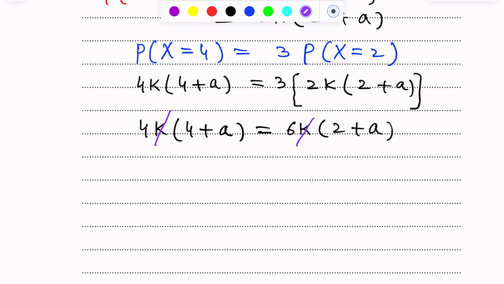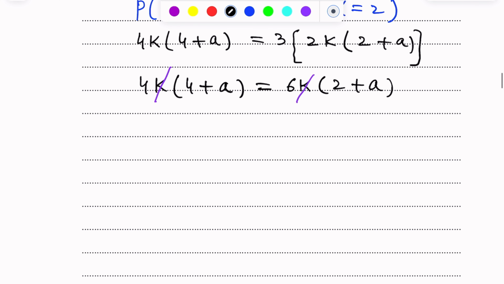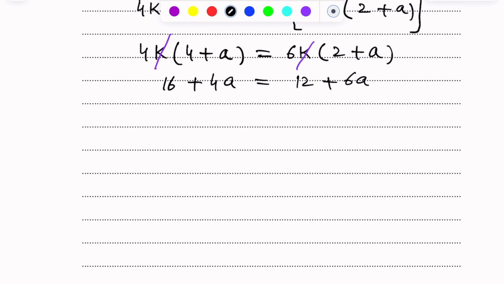Cancelling k from both sides, we get 16 plus 4a is equal to 12 plus 6a. From here, 2a is equal to 4 and a is equal to 2. The value of a is equal to 2.